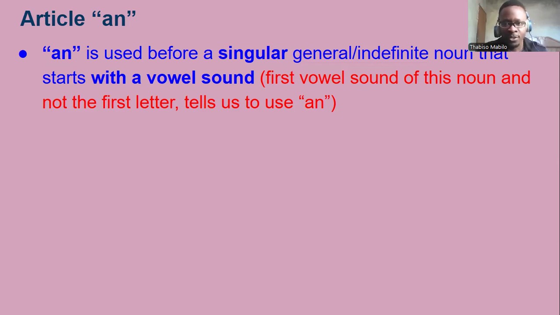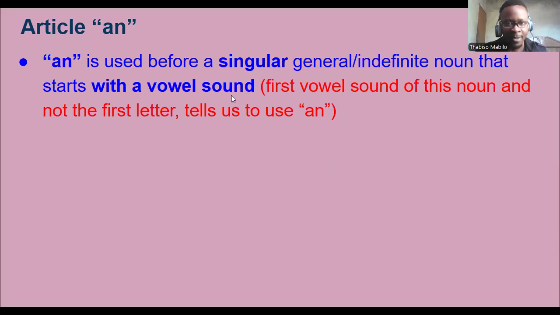It is the first vowel sound of this noun, and not the first letter, that tells us to use "an". If the first sound of that word is a vowel sound, then we have to use the article "an". So the first sound of the word tells us whether to use the article "an" or not.